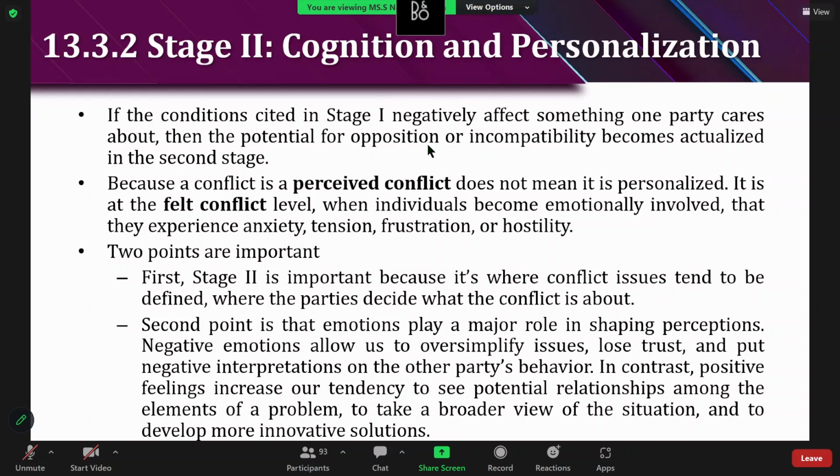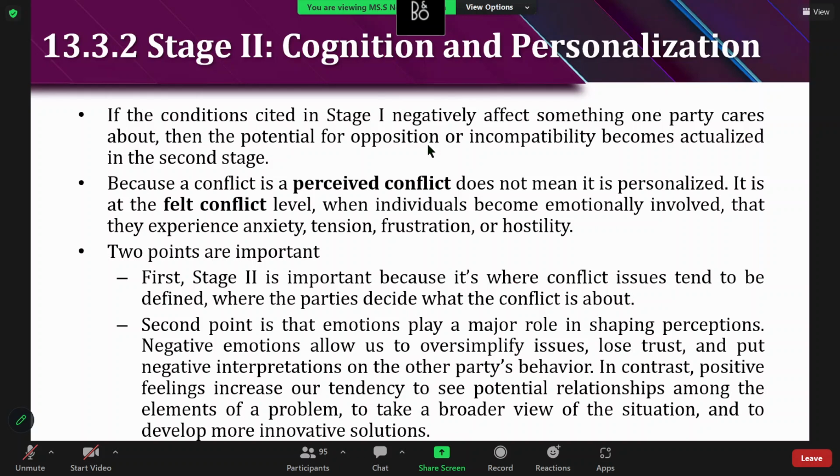Because a conflict is perceived does not mean it is personalized. It is the felt conflict level when the individual becomes emotionally involved and experiences anxiety, tension, frustration, and hostility. Even though they perceive, okay, my outcome has been negatively affected by the second party, it's not personalized yet.